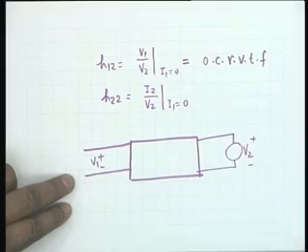Reverse because it goes from port 2 to port 1. Our convention is that power or energy travels from port 1 to port 2. This is another way of obtaining a transfer function, the open circuit reverse voltage transfer function.